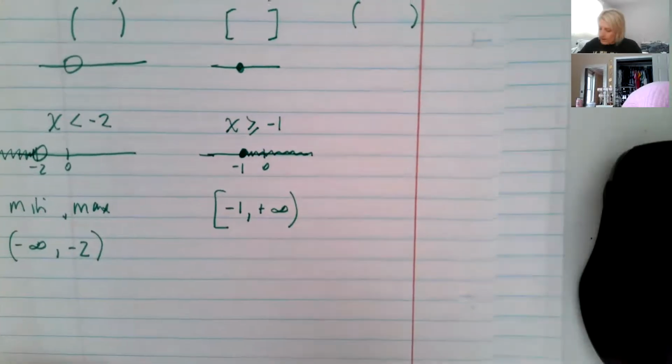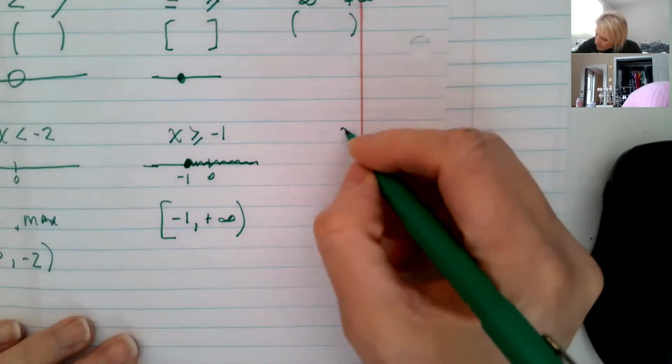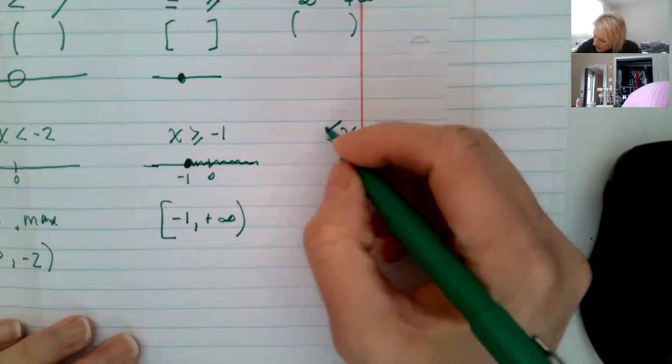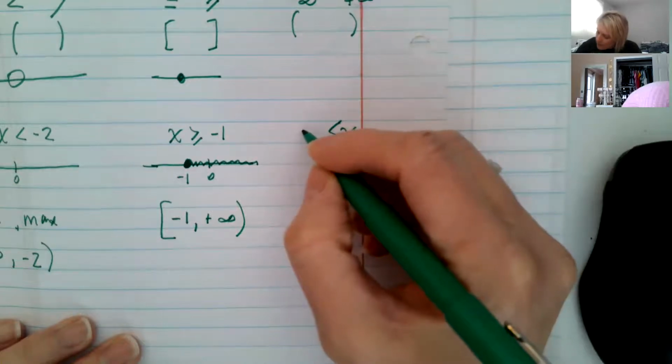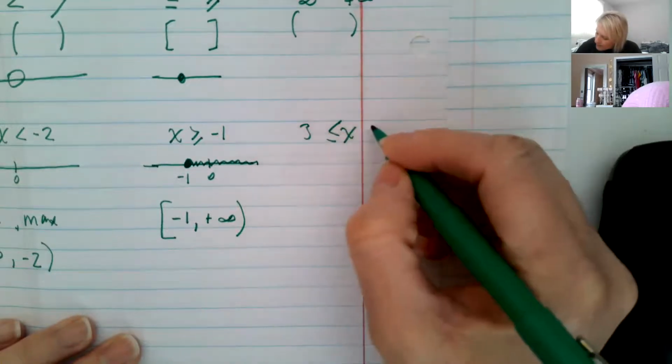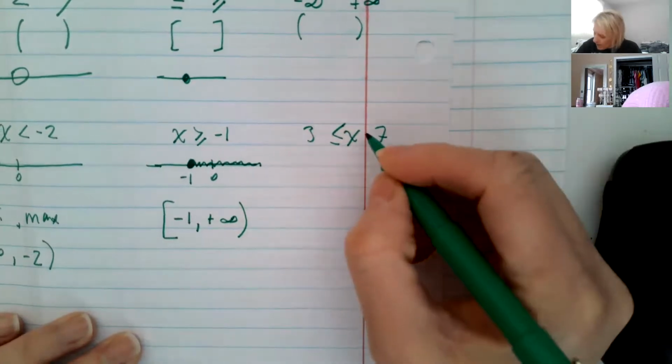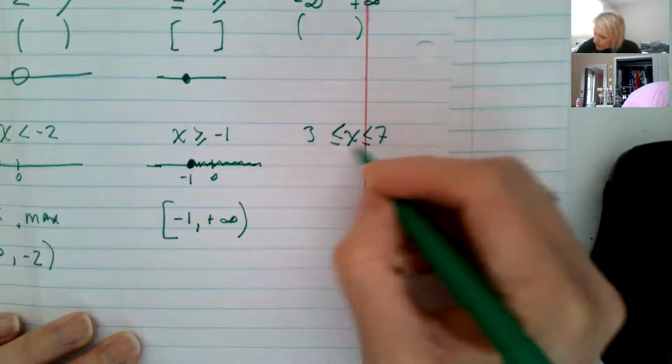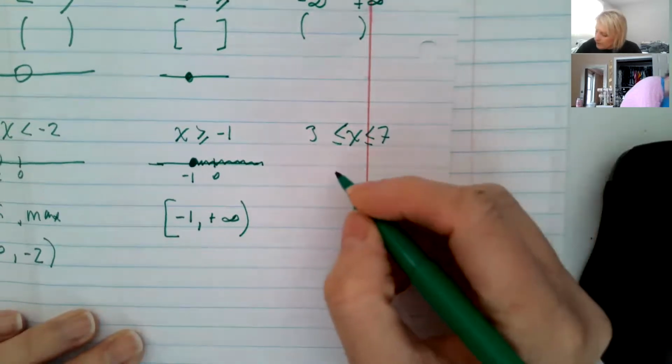one with two endpoints? So let's say x is between 3 and 7. Now, x is greater than or equal to 3, but it's less than or equal to 7.